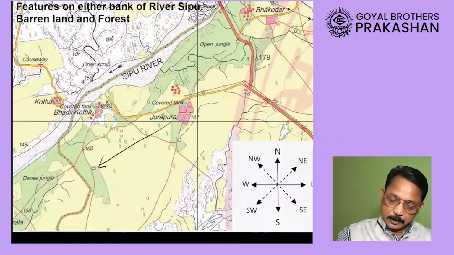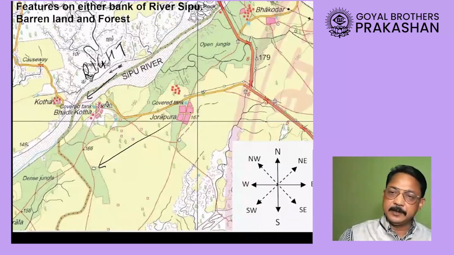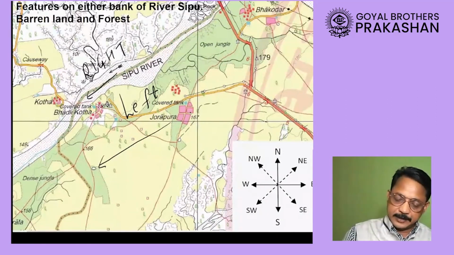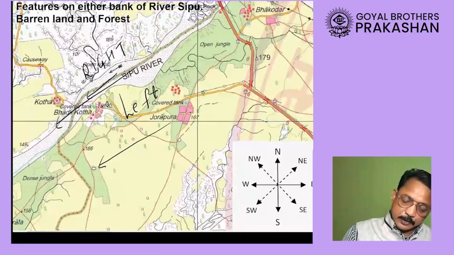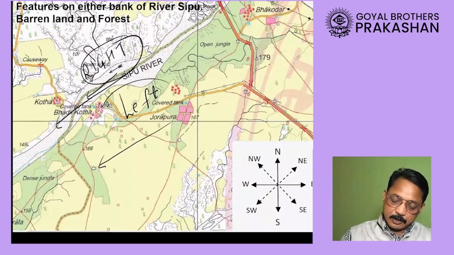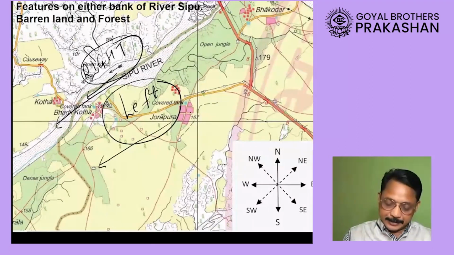So, for this Sipu river, this becomes the right bank of the river, and this side becomes the left bank, because the river is flowing this way. So on the right bank of the river, I find mainly barren land, whereas on the left bank, I find a lot of agriculture and forest region.